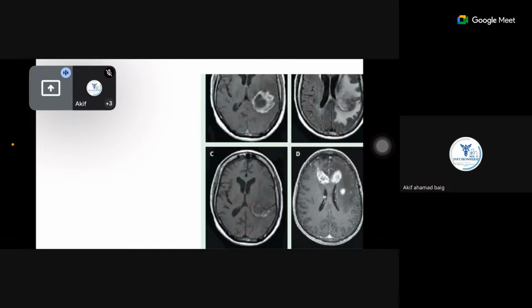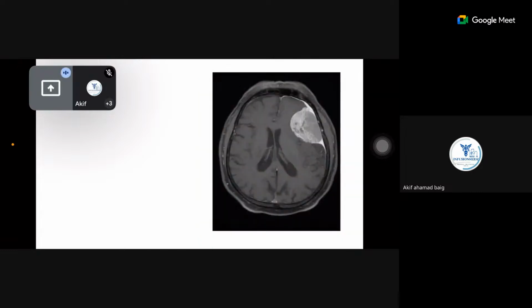And when there is cytotoxic edema, you tend to give a hyperosmolar agent, which is hypertonic saline or mannitol. So when there is an SOL, you give dexamethasone to decrease the vasogenic edema. So it is vasogenic edema, cytotoxic edema, interstitial edema. And now there's a new classification with another type of edema, but that's not needed.